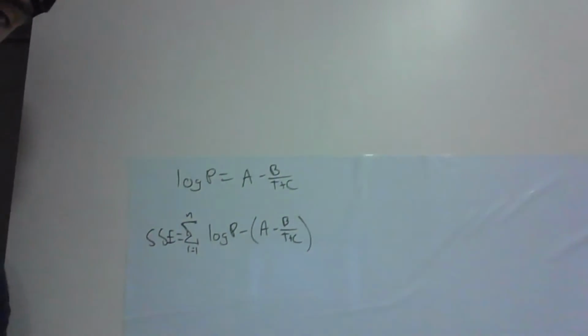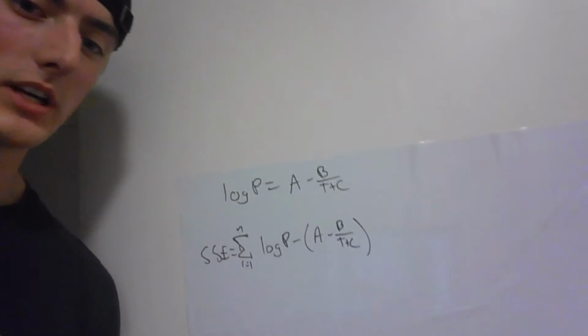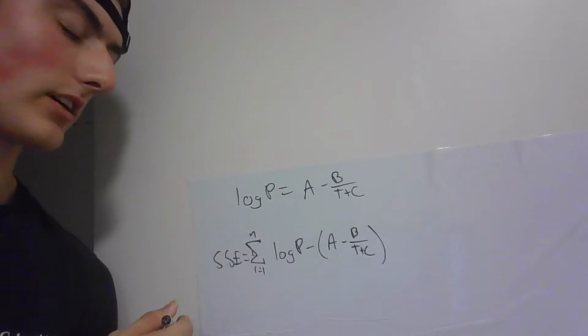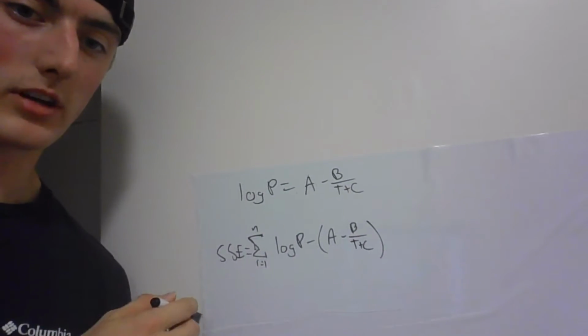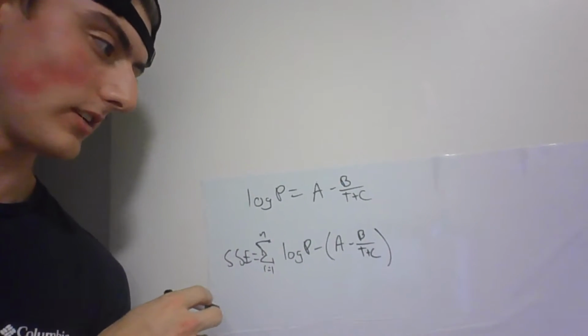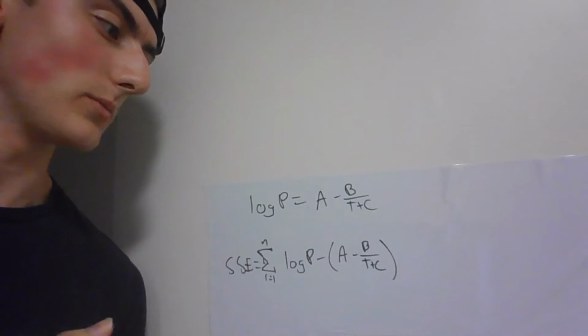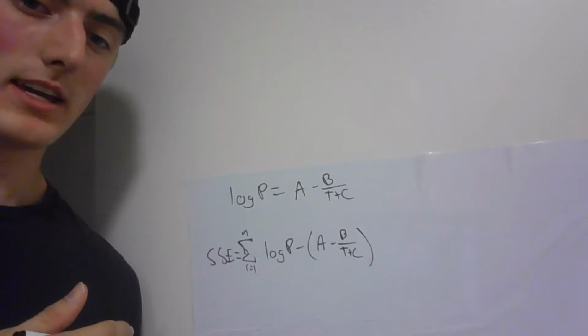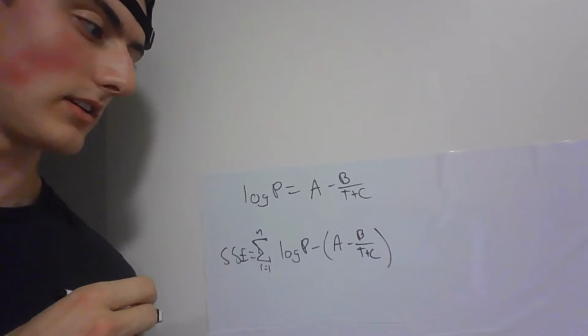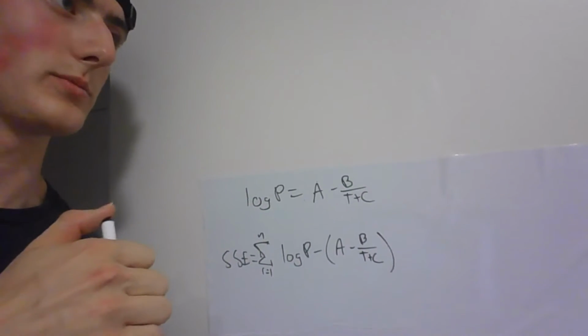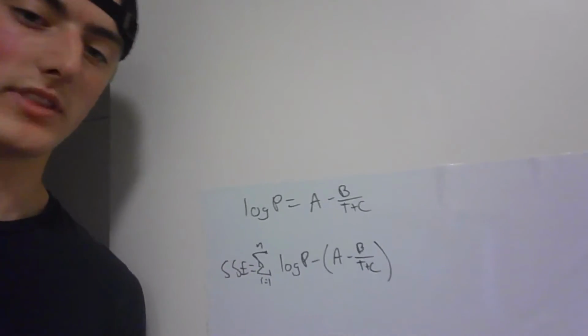Alright, so for the sum squared error here, sum squared error is just to make sure that the nonlinear regression is the best possible fit. It's going to minimize and make sure that it's just the least possible error that you can have.